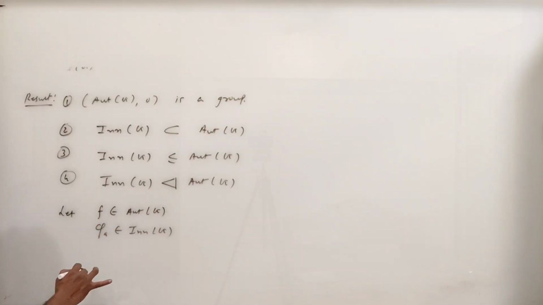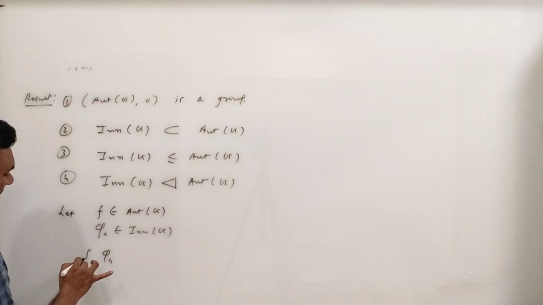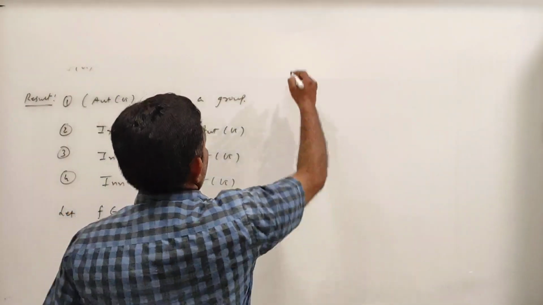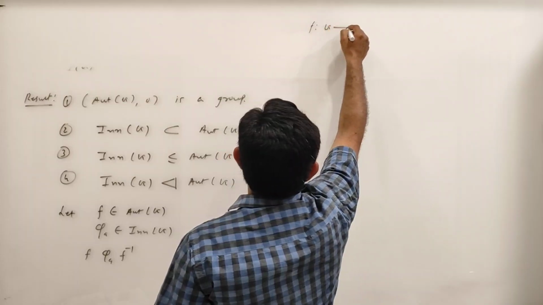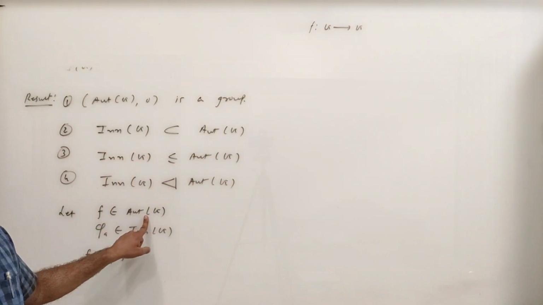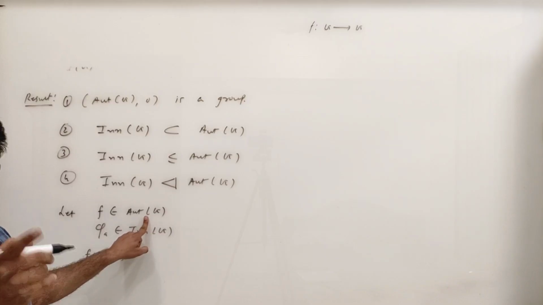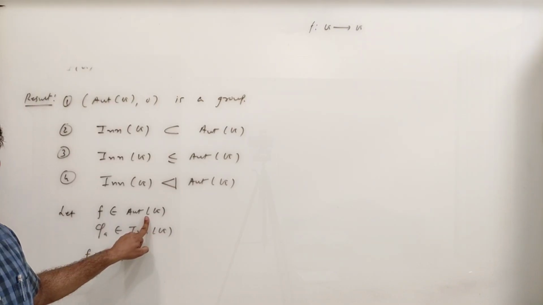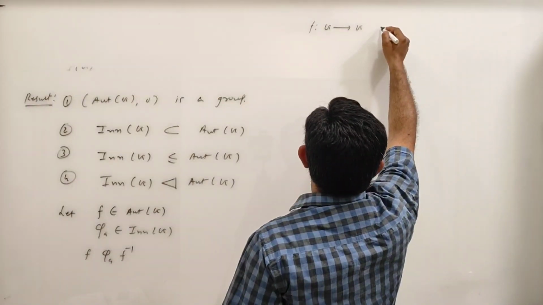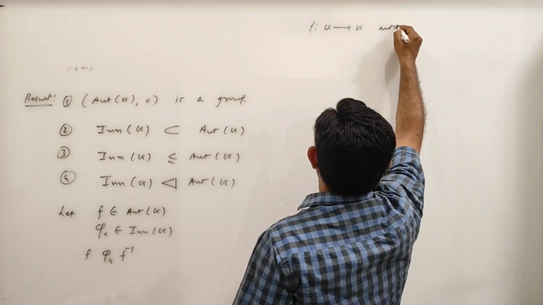So you look at this composition, phi A F, F inverse. F is a mapping, so you look at this composition first of all. See, F is a mapping from where to where? It is from G to G, and it is an automorphism, so it is an isomorphism. So it is one-one and onto, inverse exists, and its inverse is also an isomorphism.